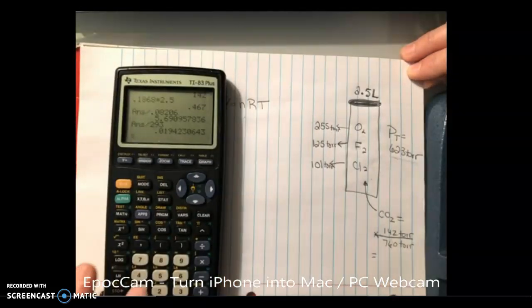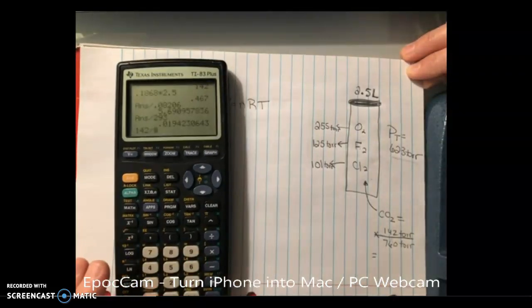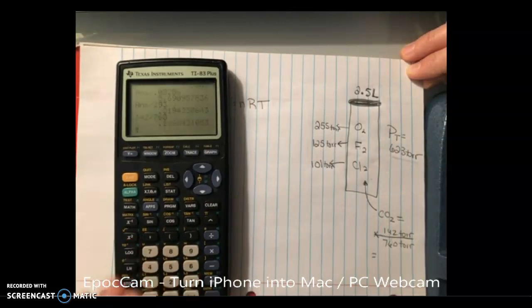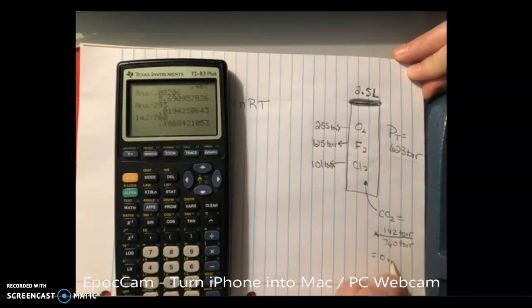So 142 divided by 760 gives me 0.1868 atm.